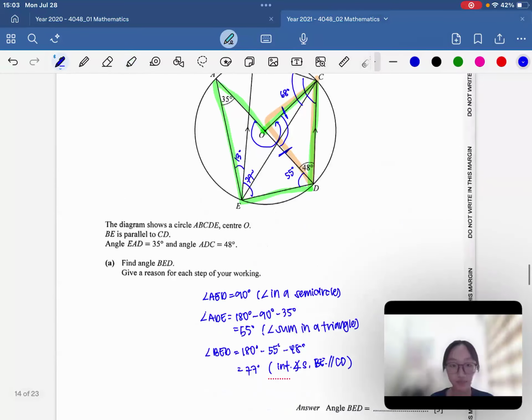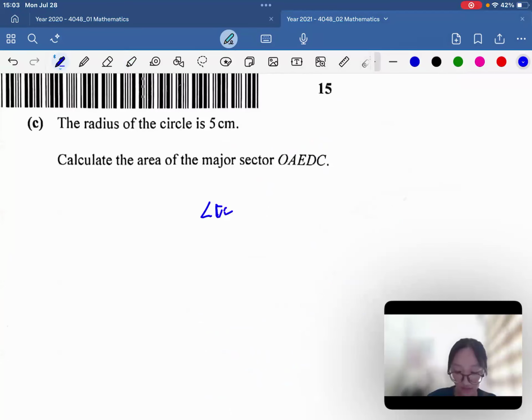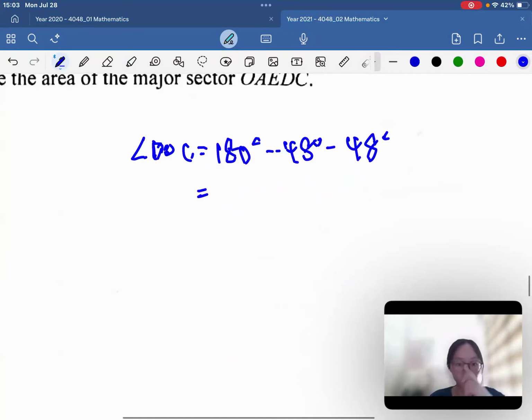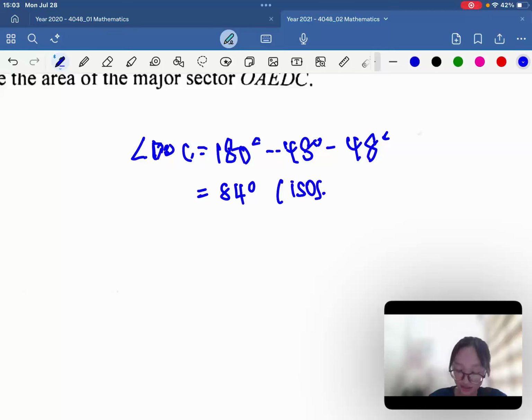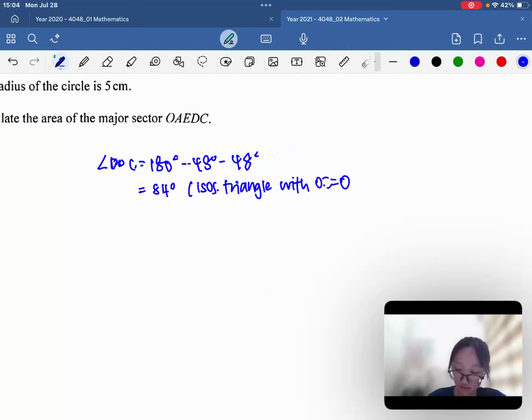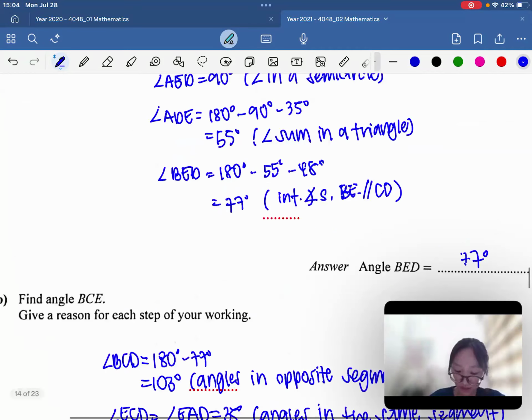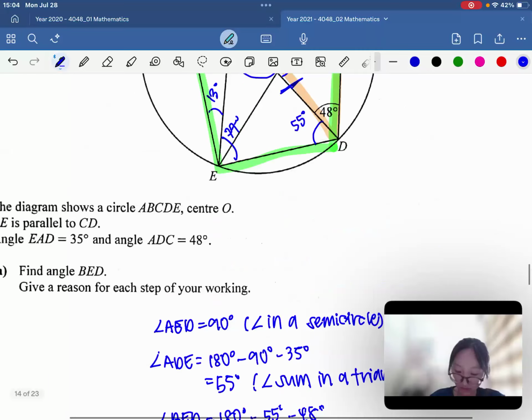Angle DOC is 180 degrees minus 48 degrees minus 48 degrees because it's an isosceles triangle, with OC equal to OD. That gives us 84 degrees, and this is 48 degrees as well.